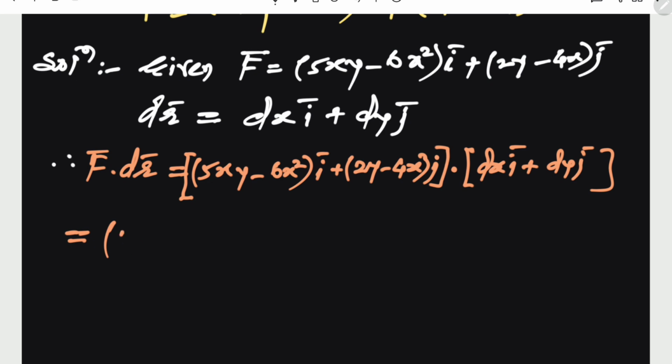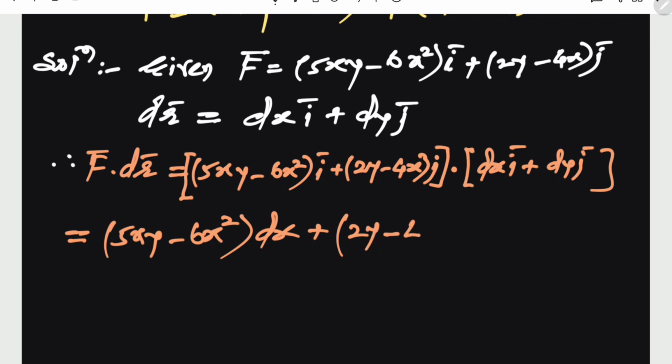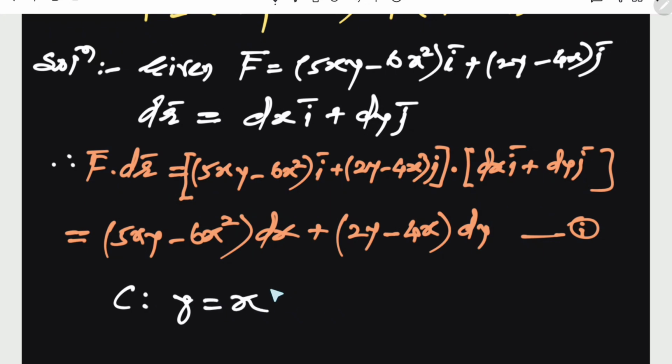As per the definition of dot product, a1b1 means it is 5xy minus 6x square into dx, plus a2b2, which means 2y minus 4x into dy, and we call this equation number 1.